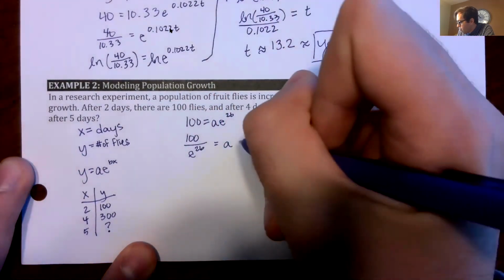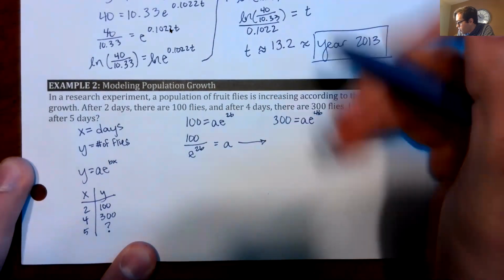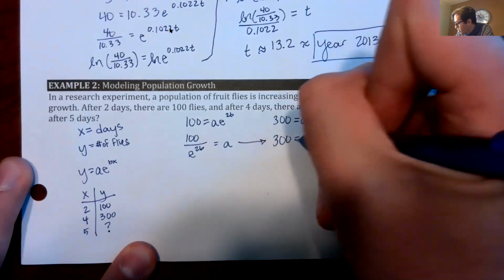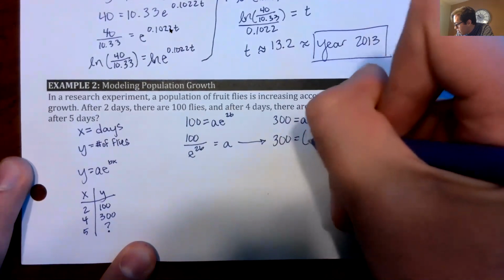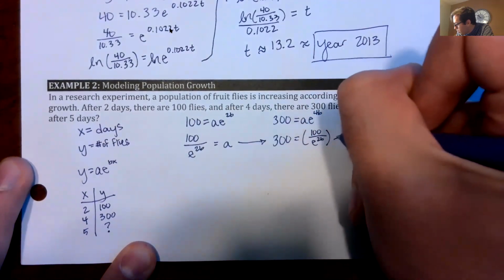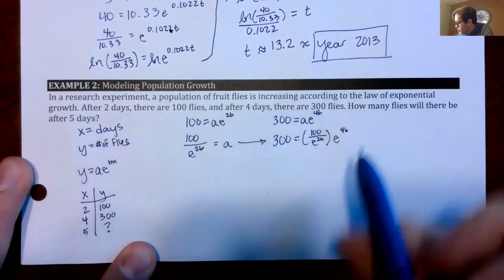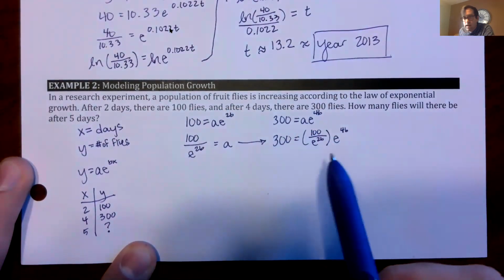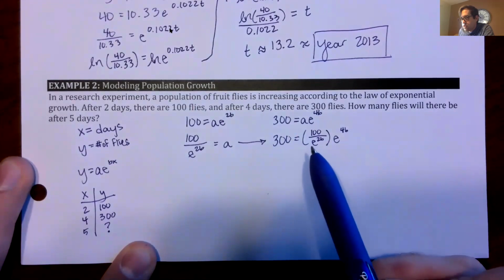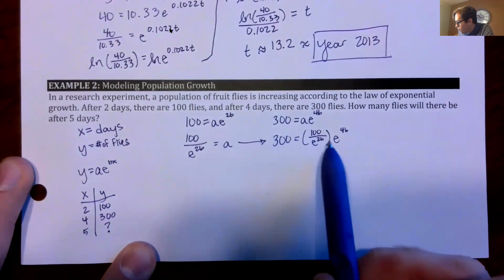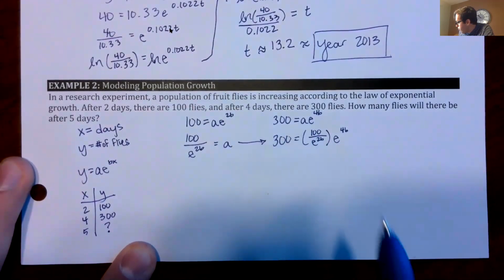So I'm going to take that and plug it in to this equation. So I'm going to get 300 equals, and now I have 100 over e to the 2b times e to the 4b. So I replaced the A, or substituted, right? That's the substitution method to solve a system of equations. We substituted in 100 over e to the 2b in place of A.